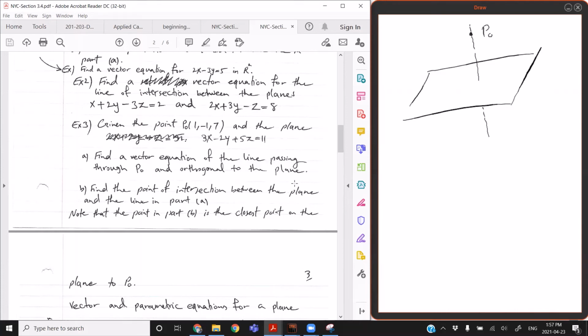Okay, so in order to get a vector equation for such a line, I need a point, which I have, and I need a vector that is parallel to the line. But I don't have a vector parallel to the line. What I have is the normal vector for the plane.